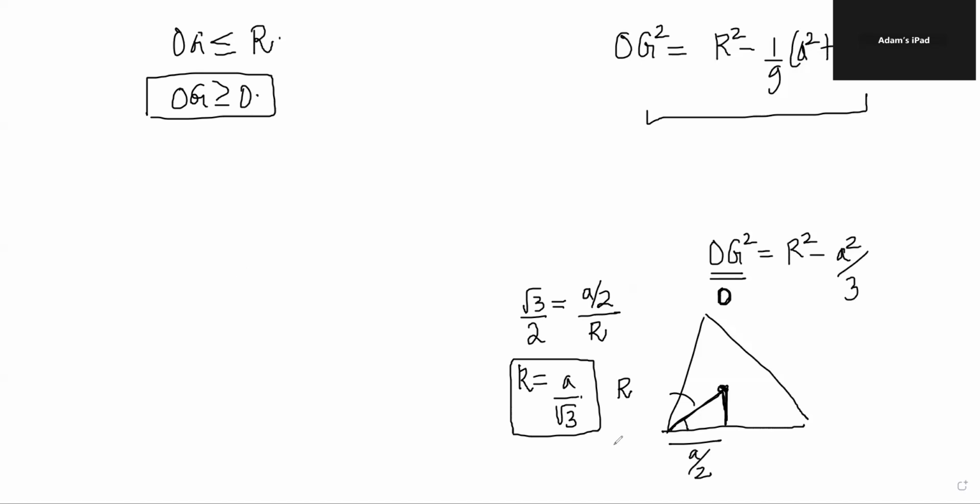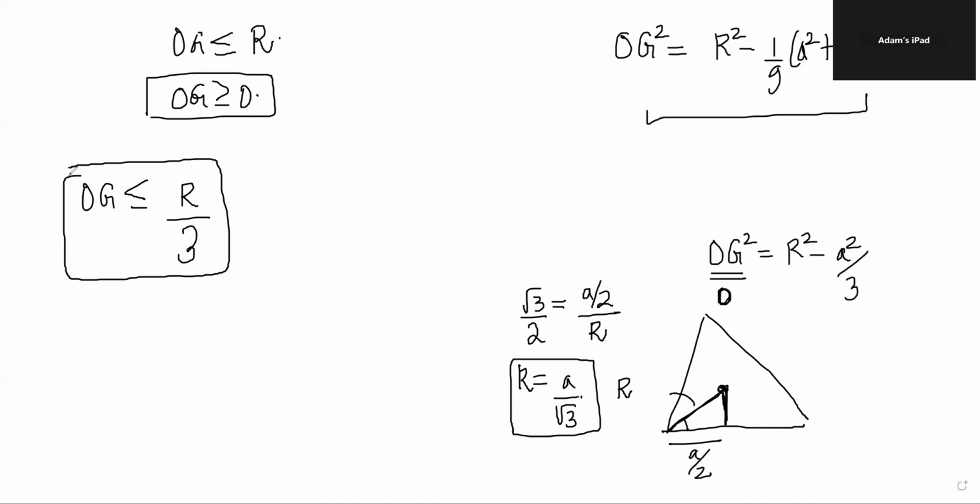Can I say OG is less than or equal to R by 3? I don't think this is correct. When I tried a degenerate triangle, I got that OG is a half off. A half off, but I don't know if it's true.